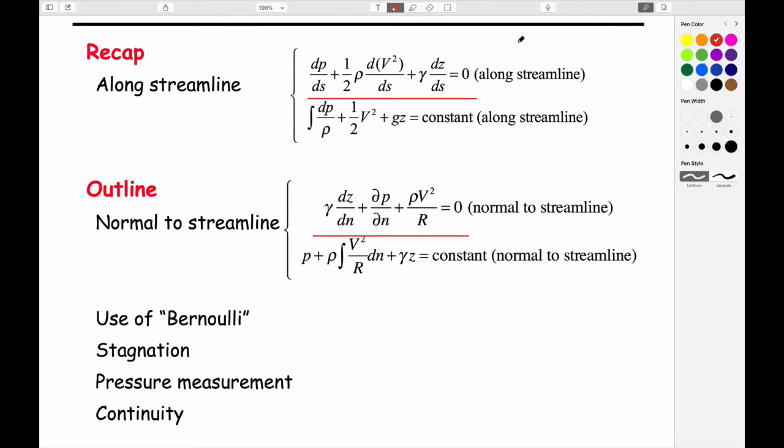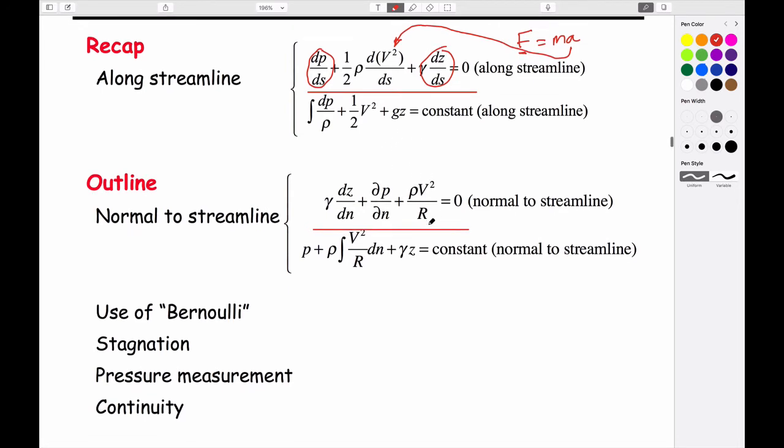We know that force is equal to mass times acceleration. And the parts that relate to forces are this part and this part. And the part that relates to the acceleration is the v squared term. And so these are written not very conveniently. Actually, this one's written conveniently, but I'll write them slightly differently.